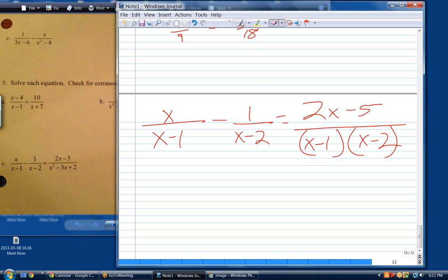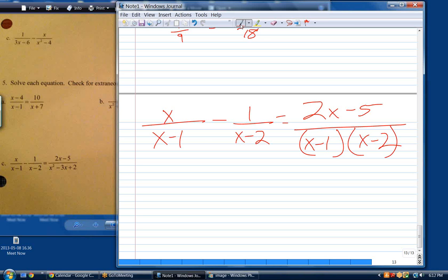So now we have an unusual situation where we have an equation that has 3 denominators in it. And we'd like to come up with a way that we can get rid of all 3 denominators in one stroke. This is slightly different than finding a common denominator.